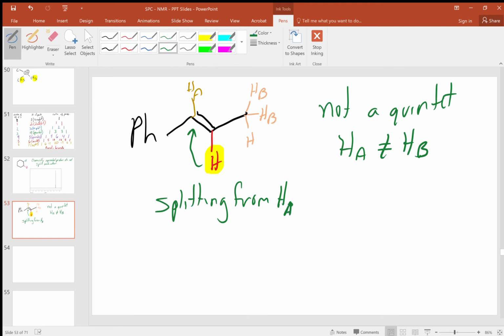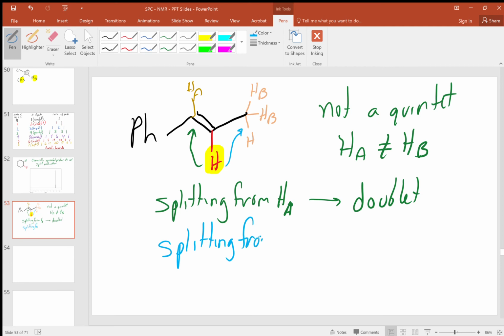The splitting from HA would be a doublet because there's one adjacent hydrogen. But then this hydrogen is also split by these three HB. There's three HB protons. That would give us a quartet. So which one do we get? Do we get a doublet or do we get a quartet?